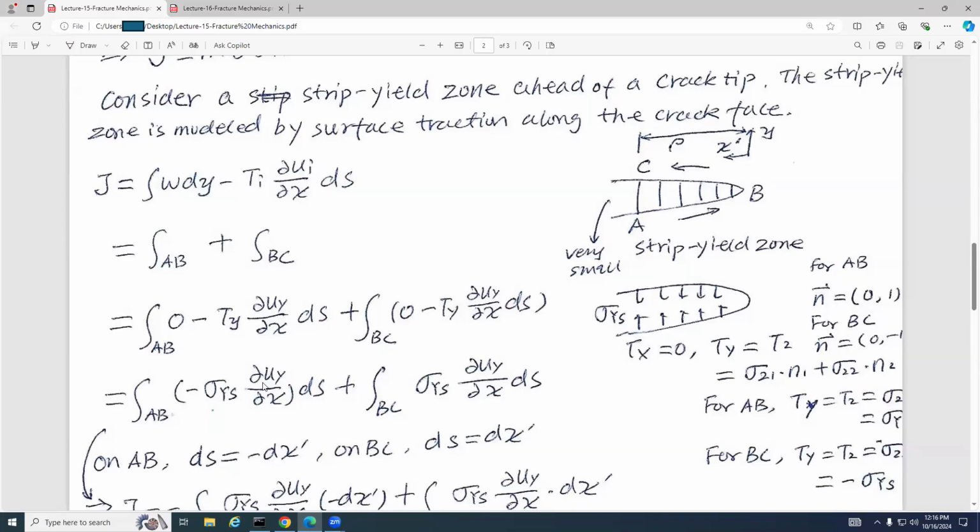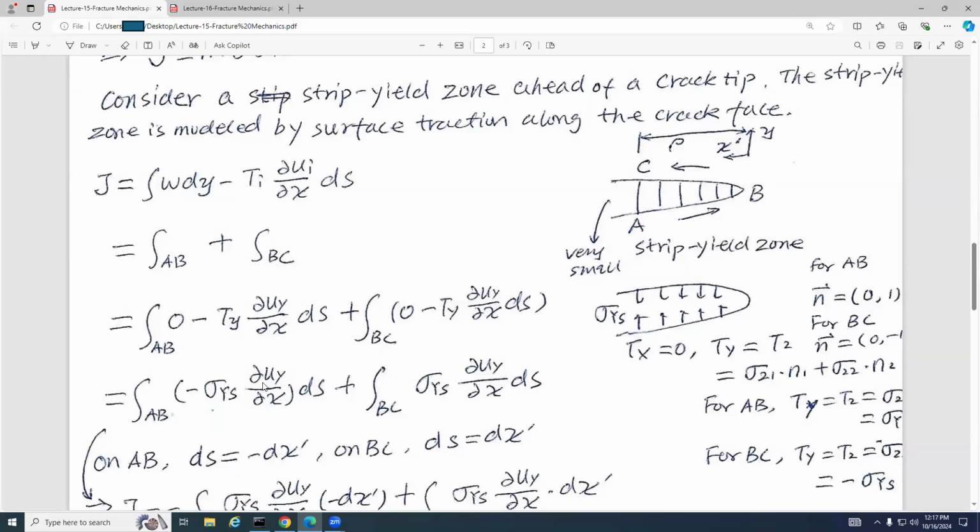If they are on the same horizontal line, Y does not change, so dy equals 0. And if dy equals 0, I do not need to take care of omega, the strain energy density. This term equals 0.